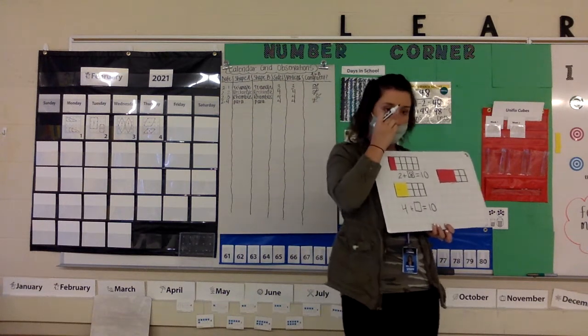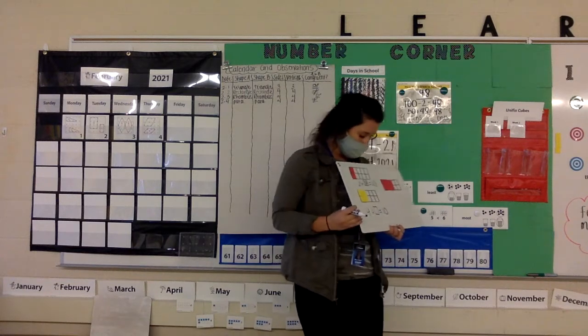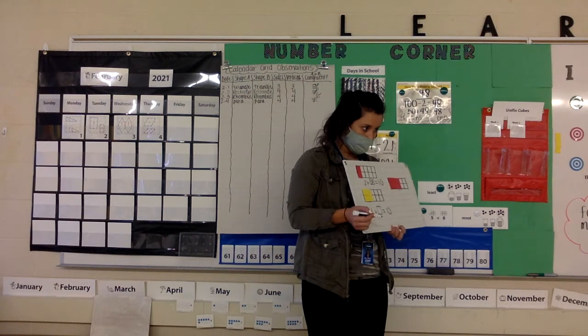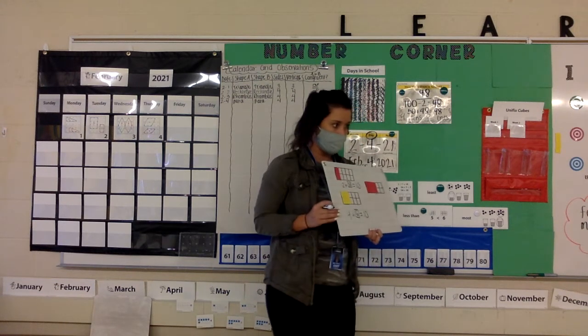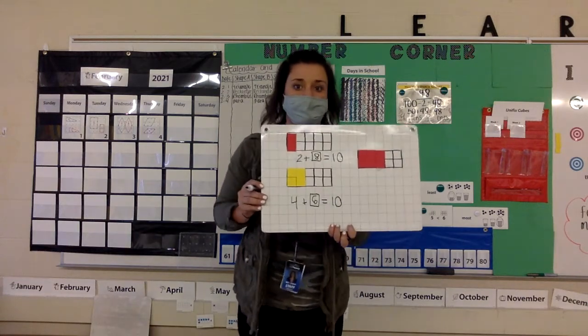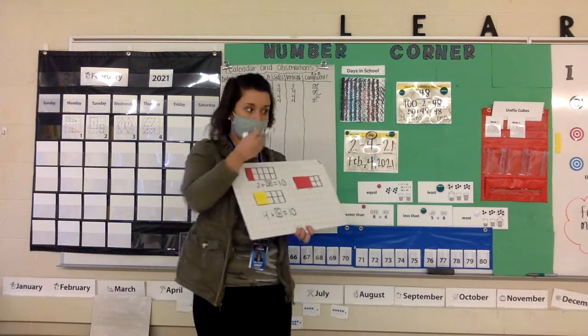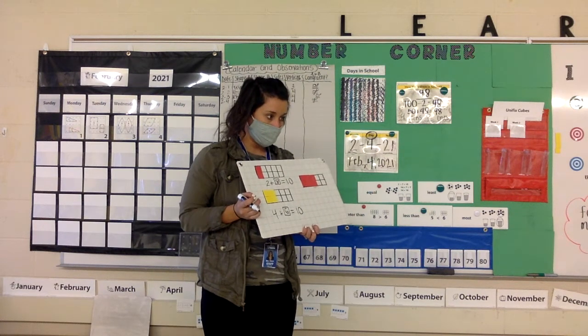Not quite. You're close. Camden. 6. How did you know that quickly? Your hand has been raised. I noticed that there was red right there by the yellow. So then I counted by 2s.